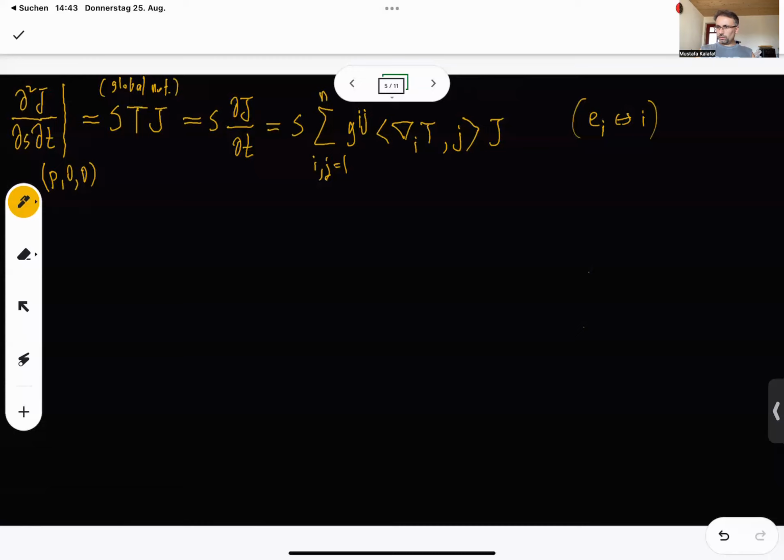So that was nothing but the first derivative, and if you apply S on that, you have three different terms here.